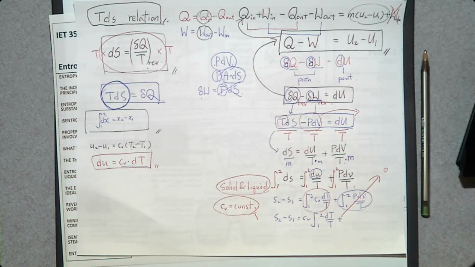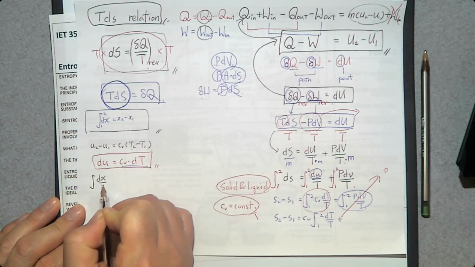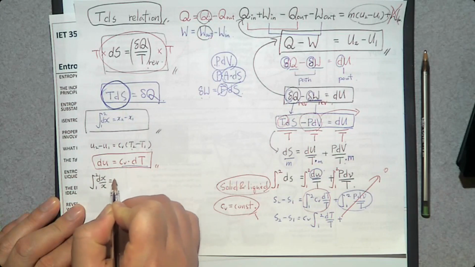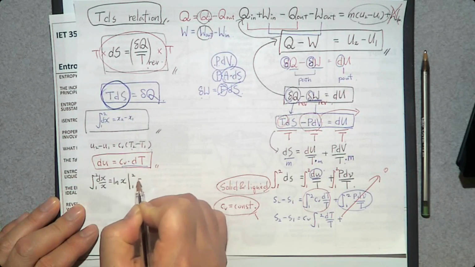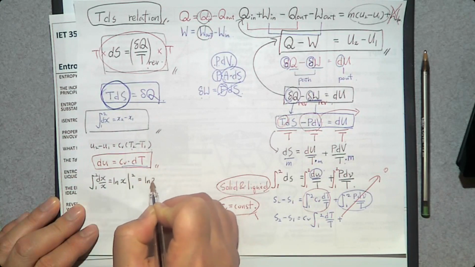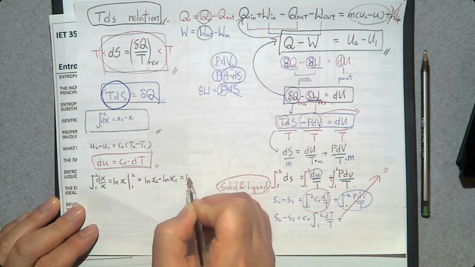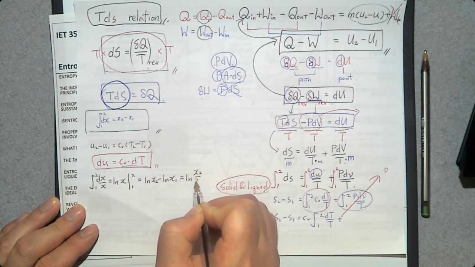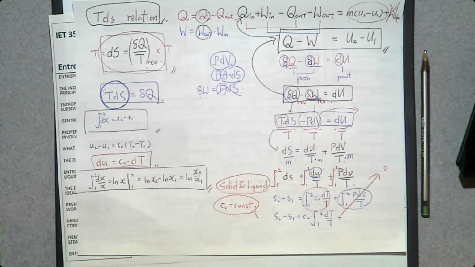If you don't remember the mathematics, let me show you. Integral dx over x from 1 to 2 is going to be natural log x from 1 to 2. That means natural log x2 minus natural log x1. That means natural log x2 over x1. Okay?